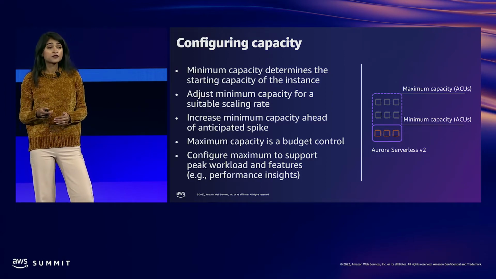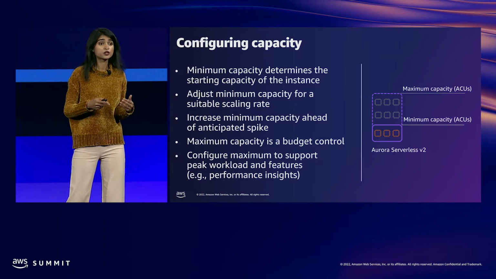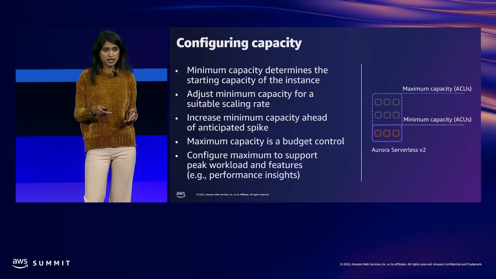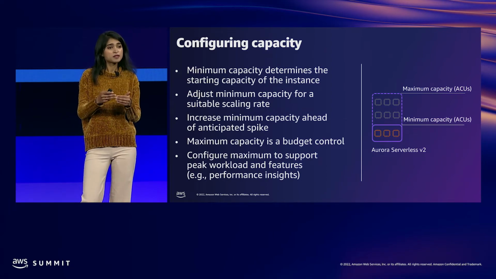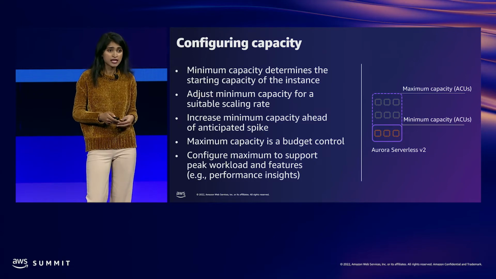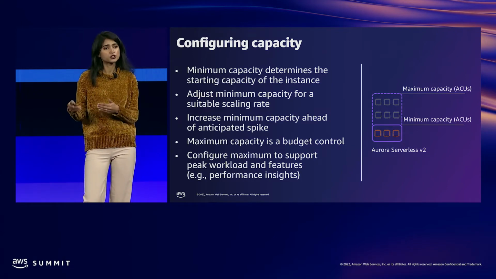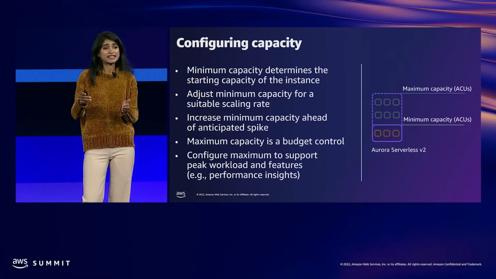Other things are if you're running any other features. So if you're running Performance Insights, for example, that may require more resources. And if your maximum is such that we're not able to give enough resources to these additional features, you're going to see some degradation. So what you want to do is look at what features you're using and assign the minimum and the maximum based on that.